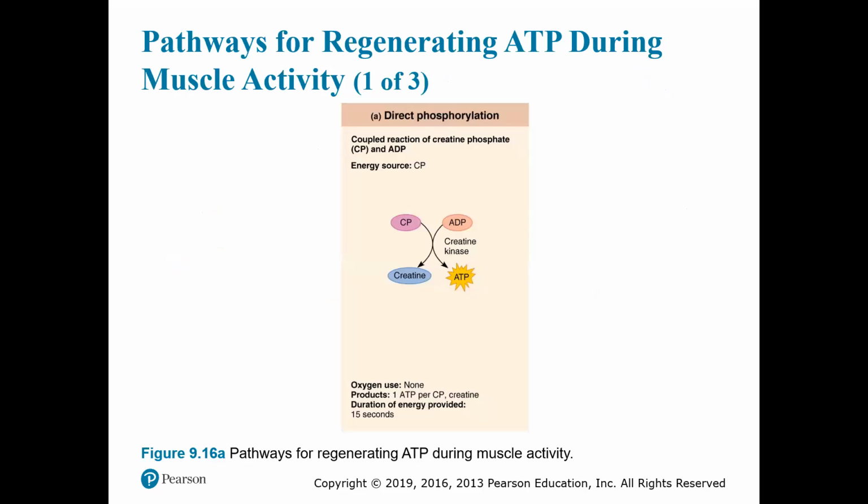So this is direct phosphorylation, which is just adding a phosphate to ADP. That's all that means, whether it's creatine phosphate or just ADP. It's a couple of different enzymes. So again, the sarcoplasm is constantly recycling this ADP to ATP. Very important.